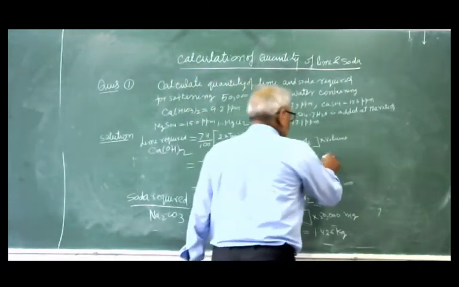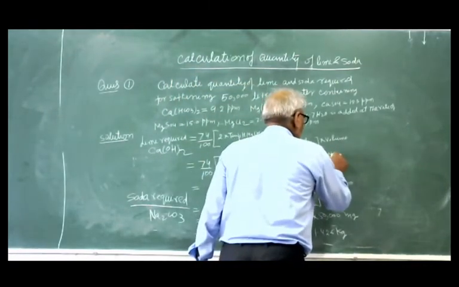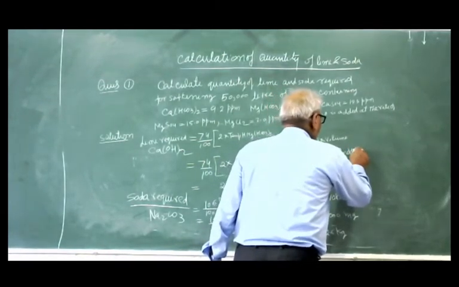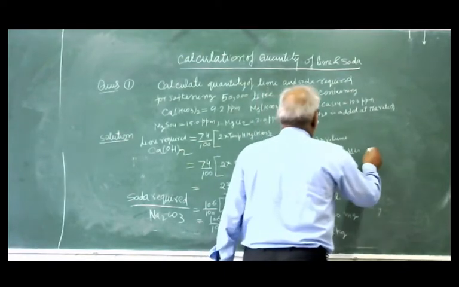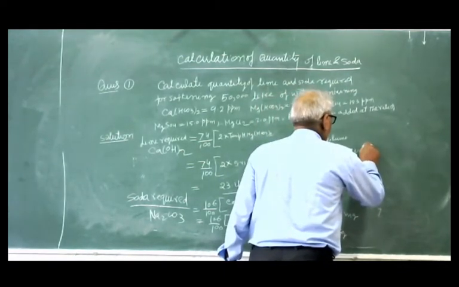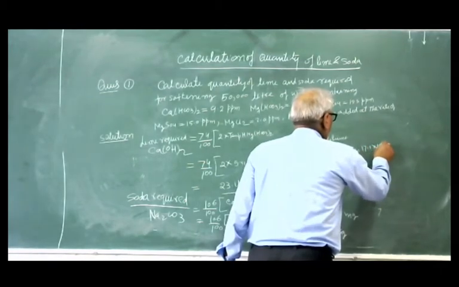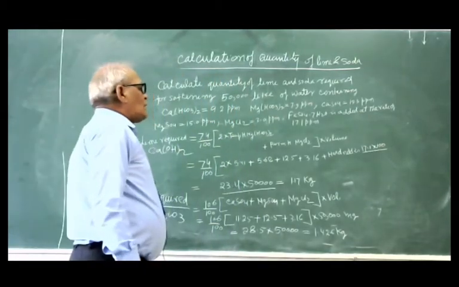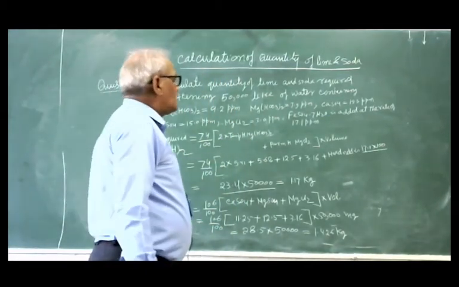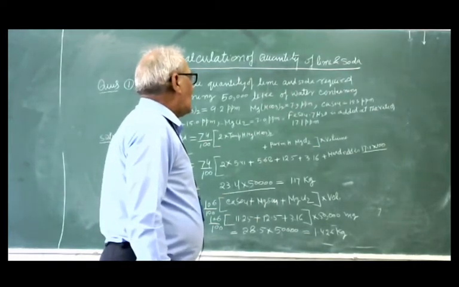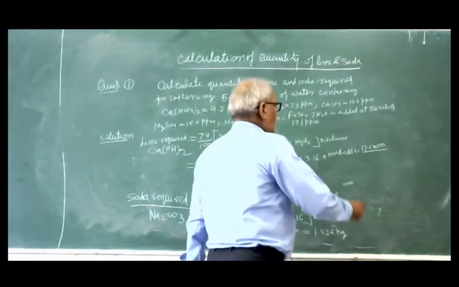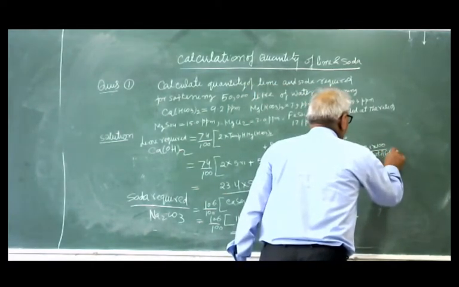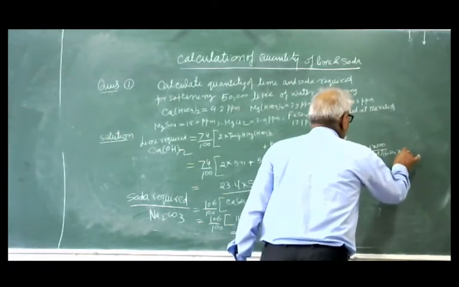So you can put here hardness is 17.1 into 100 divided by the molecular weight of the ferrous sulfate, FeSO4·7H2O.